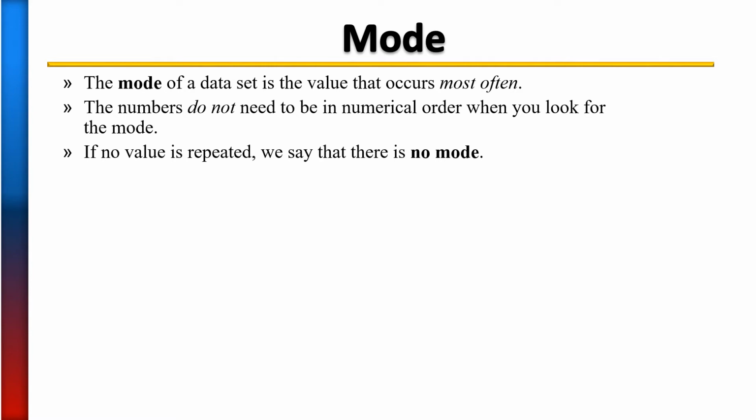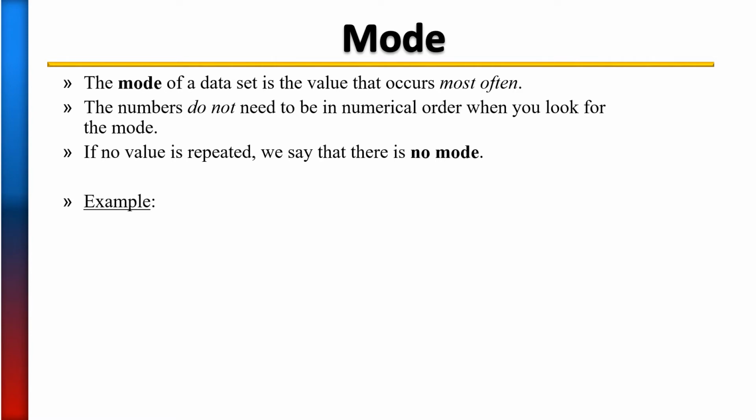So numbers, they don't need to be in numerical order as in median. You can just look at all of your data and you're looking for the one that appears more than the others. That is your mode. So if no value is repeated, if all your digits are different numbers, then we say that there's no mode.